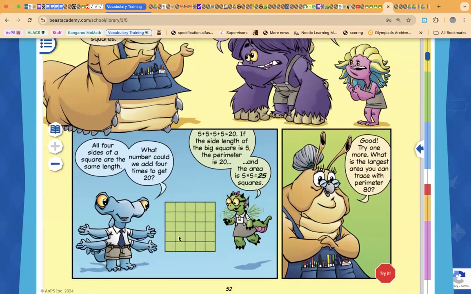Can you try? With this, we'll stop. All of you try and I want to see. What is the largest area you can trace with a perimeter of 80? So we know when is the largest area. When will you get the largest area? Only when you have a... 40 by 2.